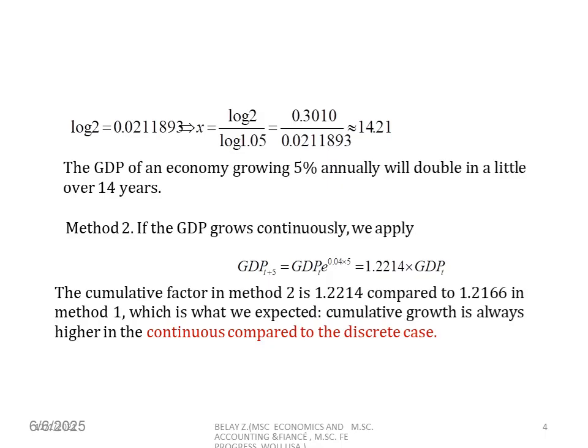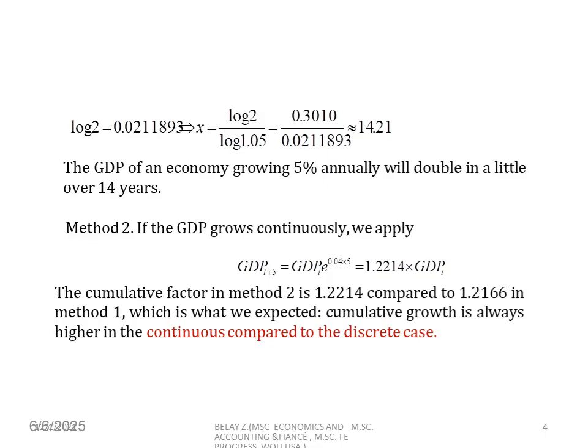Then GDP at time t plus 5, the next 5 years, is equal to GDP at time t times e to the power of 0.04 times 5, which is equal to 1.2214 times GDP.